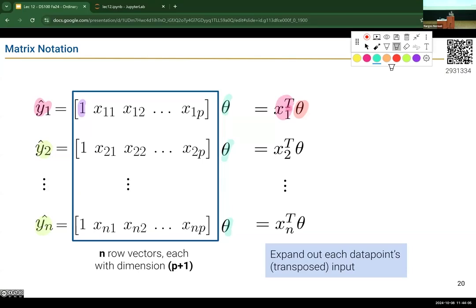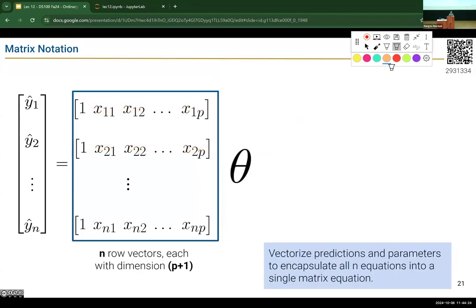In that case, if I'm treating this as an entire matrix, the matrix multiplication by default is going to multiply the first row with the theta vector, and then the second row with the theta vector, and so on and so forth, right? So that's a normal practice that I can do.